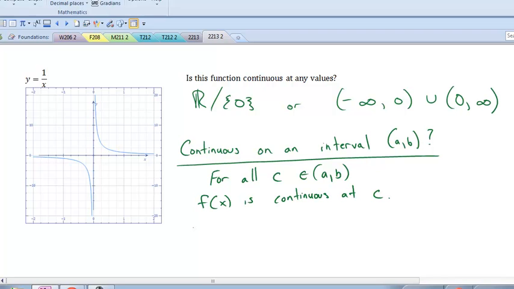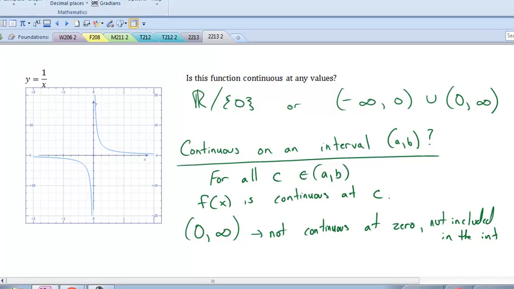So, if I want to talk about this rational function being continuous on the interval from 0 to infinity, I would just have to make sure that I was continuous at all values. Not at 0, though. We're not continuous at 0, but we don't include it. It's not included in the interval.